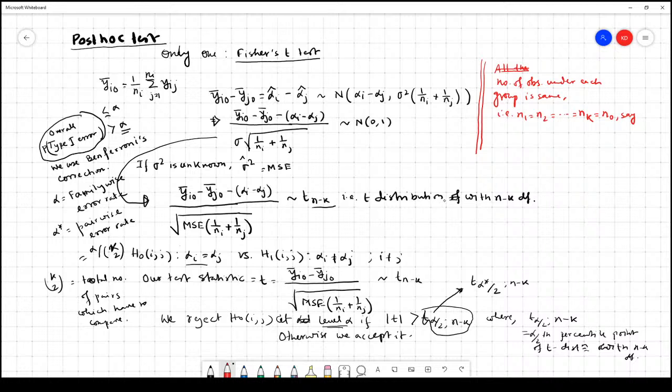In that case, this test statistic t is equal to, since ni equal to nj, yi naught minus yj naught divided by root over 2 MSE by n0.